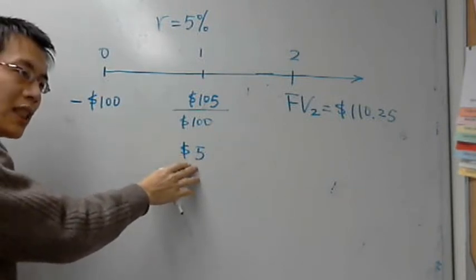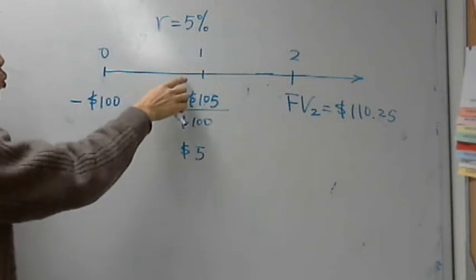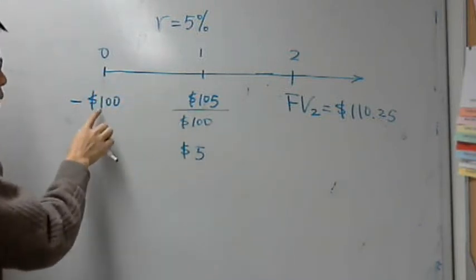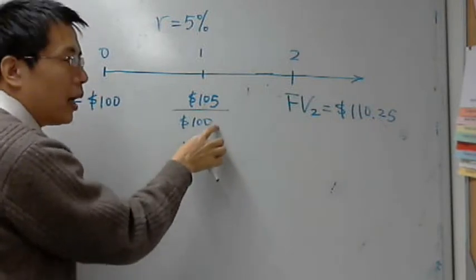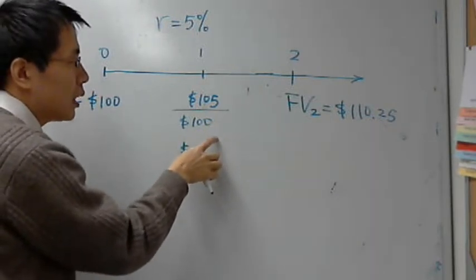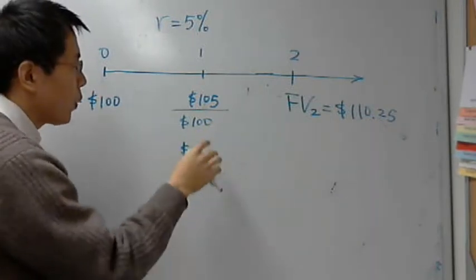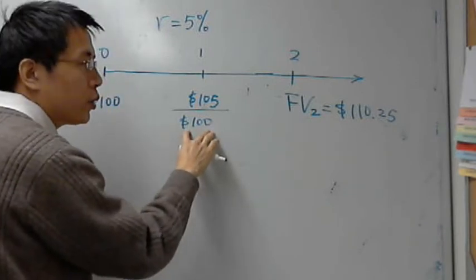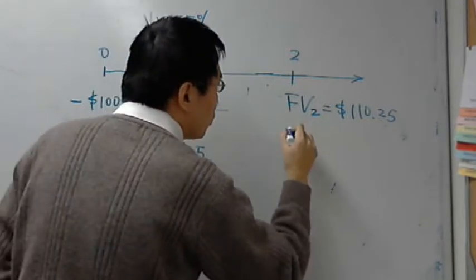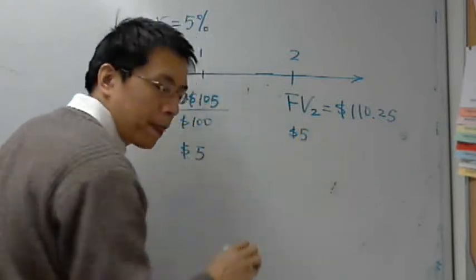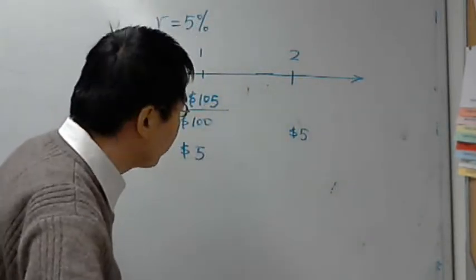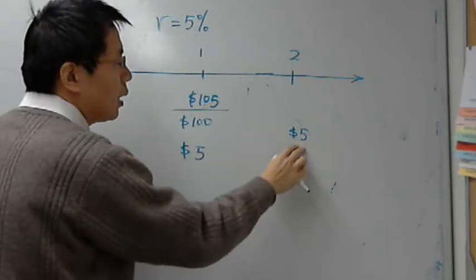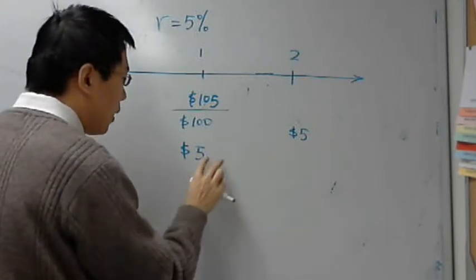This $5 simple interest is the interest earned in the first period by the 100. Now, both amounts will be saved and will generate interest. We know the 100 principal is able to generate $5 interest over the second period.